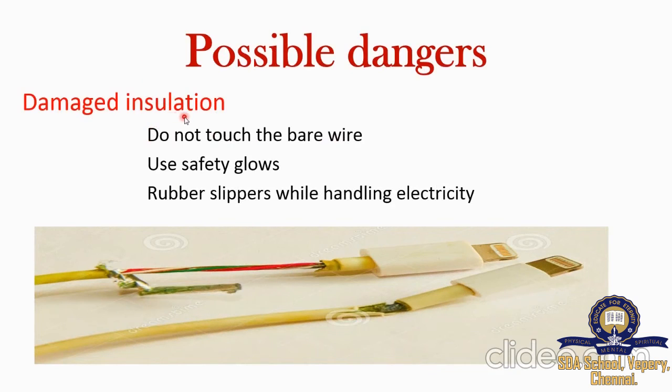Insulation is nothing but a material that does not conduct current. Every wire is insulated with such a material, right? If it is damaged, then it leads to danger. So do not touch the bare wire, use safety gloves, and stand on an insulating stool or rubber slippers while handling electricity.